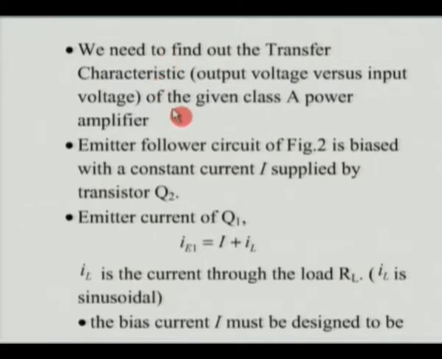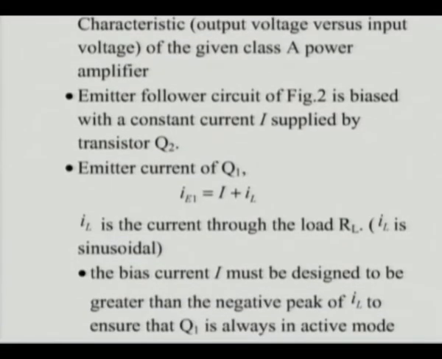Now to see the large signal operation, we need to find the transfer characteristics of this stage. We saw that it was biased with a constant current I supplied by the second transistor, and that the current flowing through the first device, IE1, is equal to I plus IL, where IL is the load current.